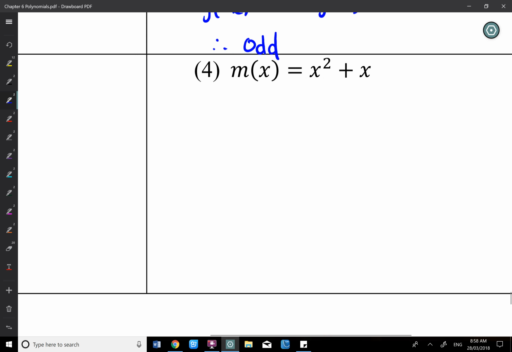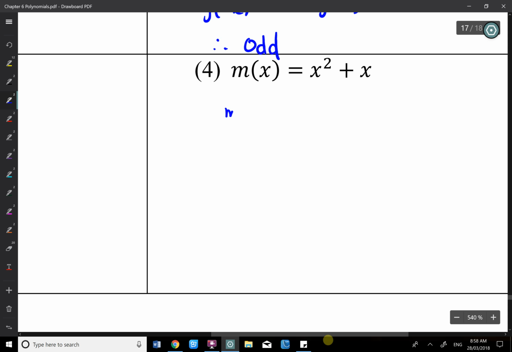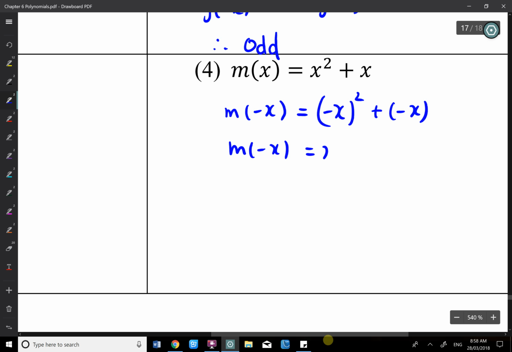Okay, last one. I want to see m(negative x). That equals negative x squared plus negative x, and that is x squared minus x. Obviously it's not equal to m(x), it's different.